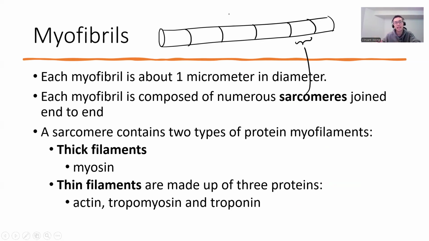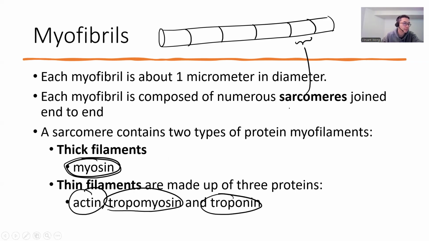They are joined end to end. The sarcomere consists of several key proteins. We have the thick one, called myosin, and then the thin one, we have actin, tropomyosin, and troponin.